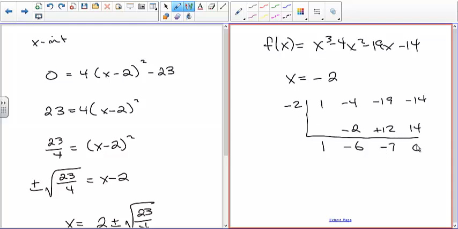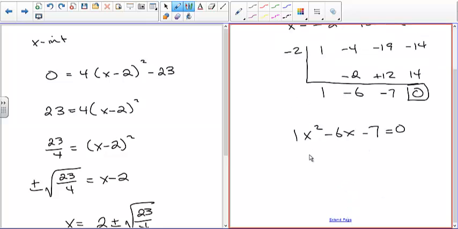We get a 0 remainder, so that means that this is a 0. We also know that the factor is x plus 2. The 0 is x equals -2. Now, we take what's left over, 1x squared minus 6x minus 7, and we want that to go to 0 too, to factor it.